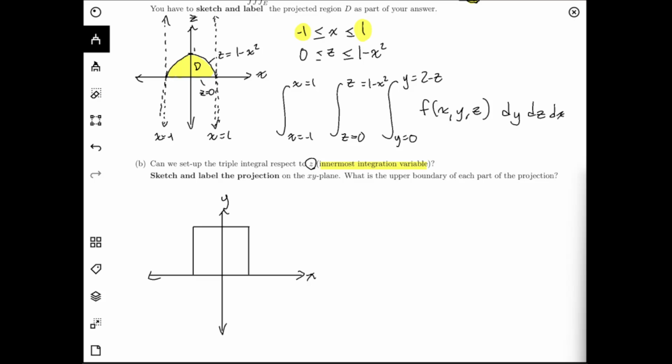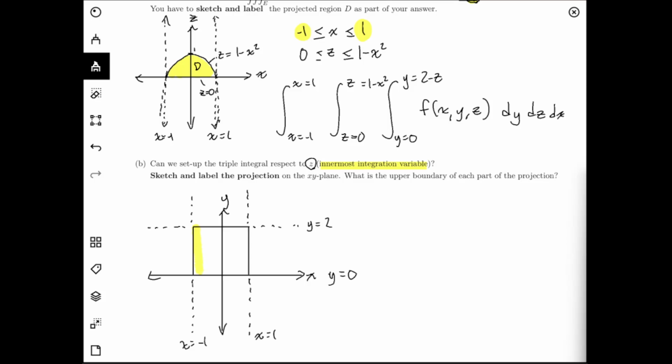So let's write our bounds to start with. This is a rectangle. It's pretty obvious where our bounds are going to be. x equals 1, x equals -1, y equals 2 and y equals 0, which is just the x-axis.